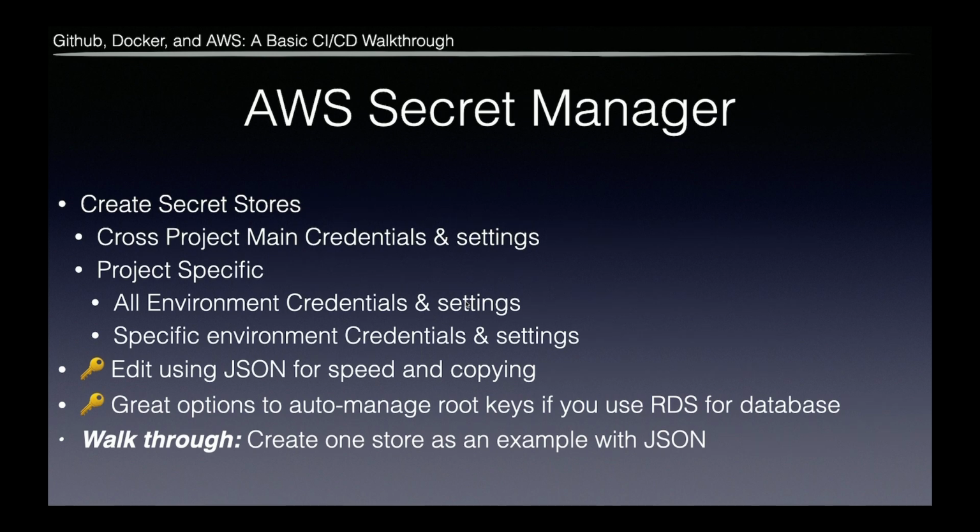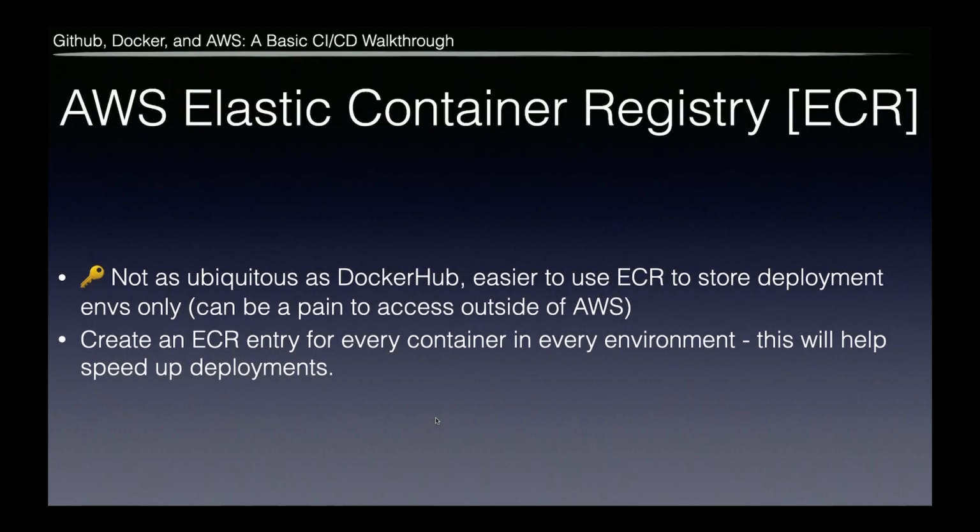That way you can very quickly figure out what's where, and when you need to make changes, you can change it and re-release it onto your systems. As I said, go through JSON for speed and copying, and we talked about the root keys.